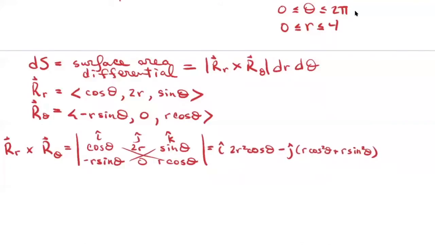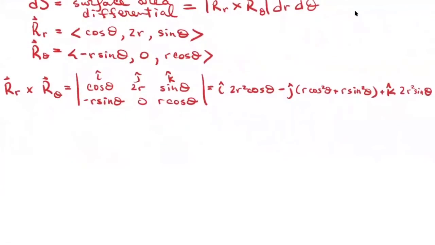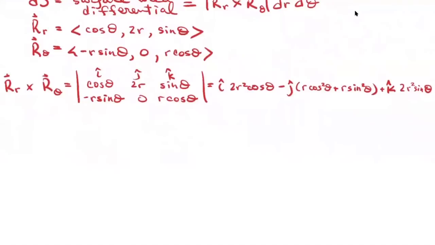Okay, so the k component, to me, I think, is it 2r squared sine theta? Right, how's that? Of course, that simplifies. So here goes.